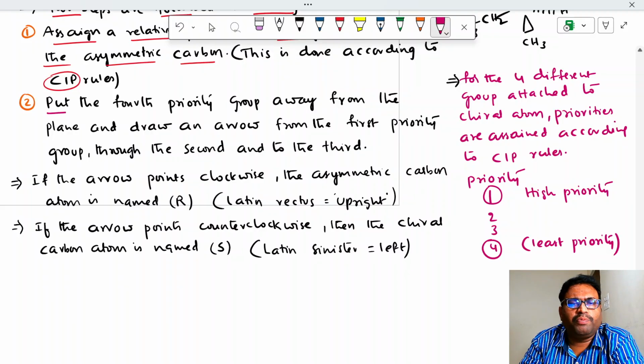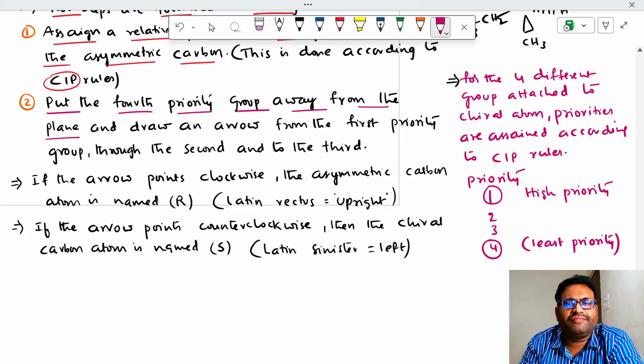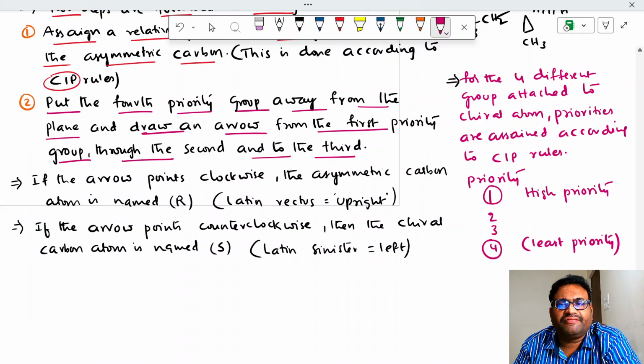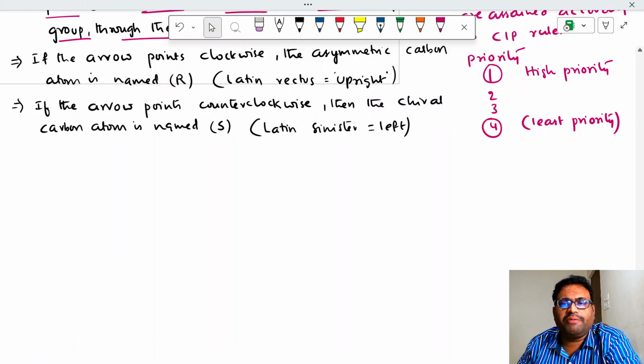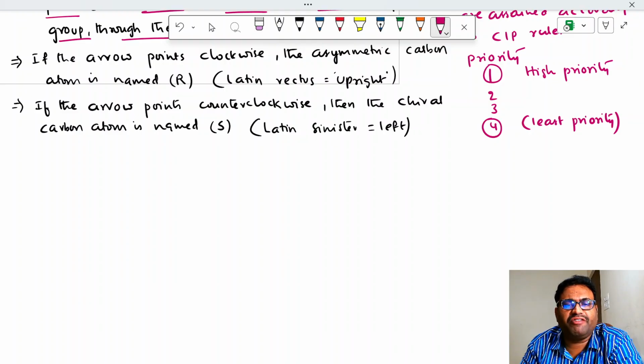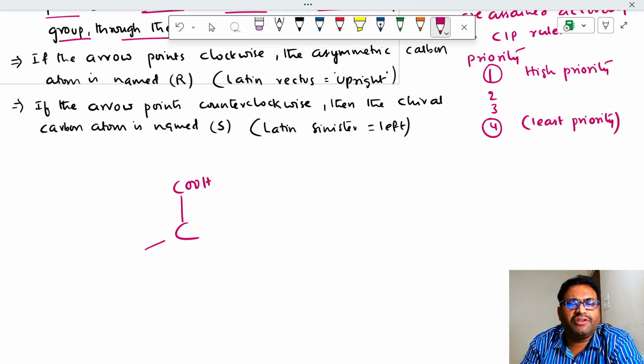Next, put the 4th priority group away from the plane and draw an arrow from the first priority group through the second and to the third. What you need to do now? You have to keep the 4th priority away from the observer, away from the plane. So let us see what is in the plane. C, COOH, here CH3.